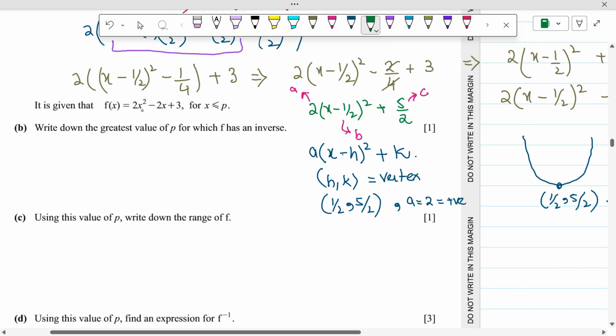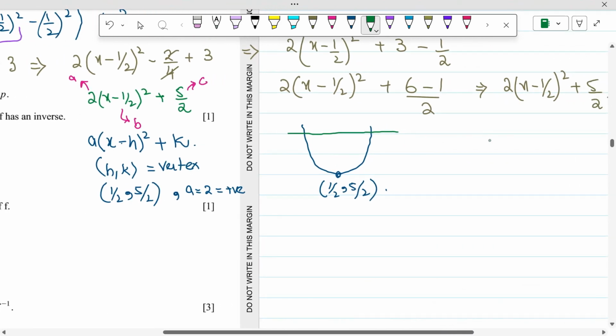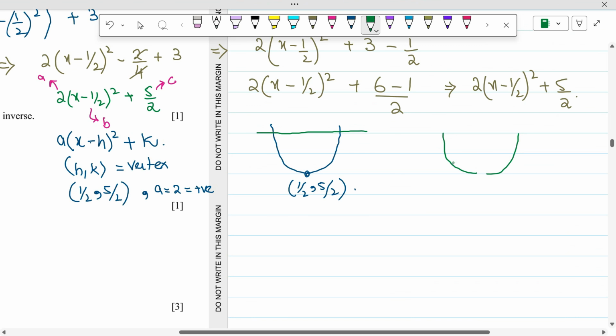We need to find the value of p such that this function will have an inverse. So the function should satisfy the horizontal line test. For example, when we apply the horizontal test to the full parabola, this function will fail. So what we do is consider half of the function, either the right side or the left side. For example, this part satisfies the horizontal test.